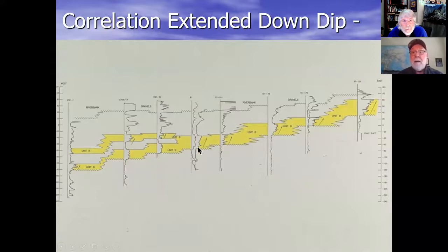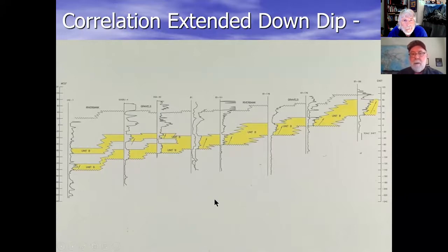But zone A got renamed Unit B, just so we could confuse you more. But the basic electrofacies we could see as we moved further down dip off to the left, the base of the unit, we saw usually a sharp base, increasing resistivity towards the top, and then a sharp top. And this correlation is over 4 miles in lateral extent.